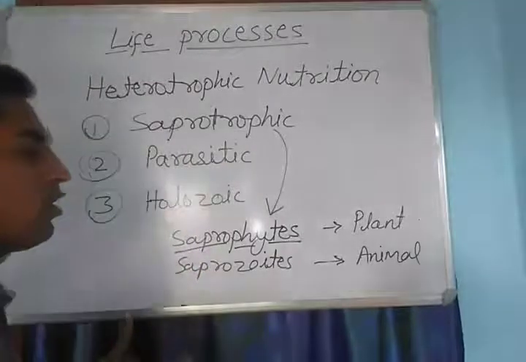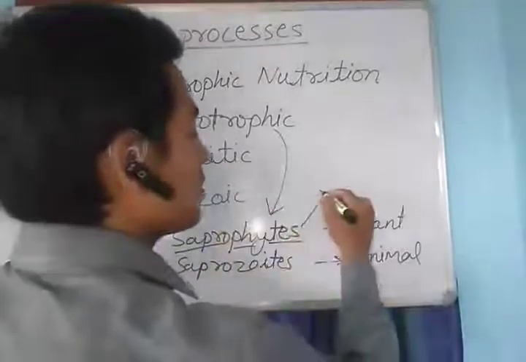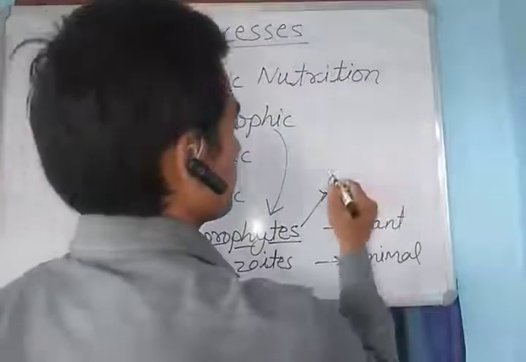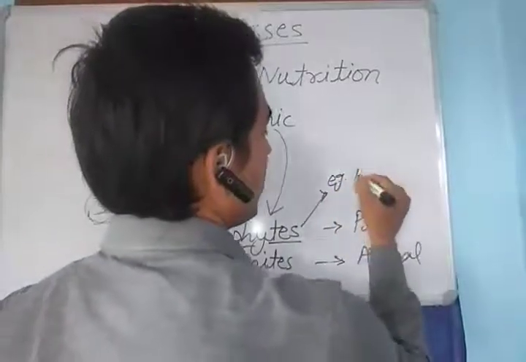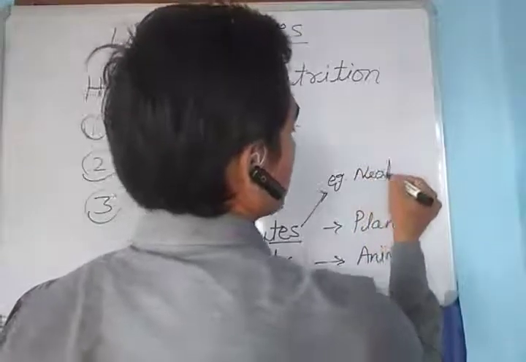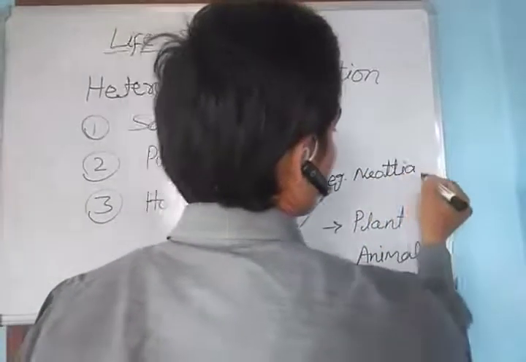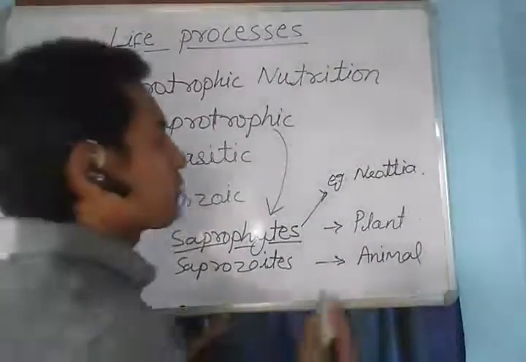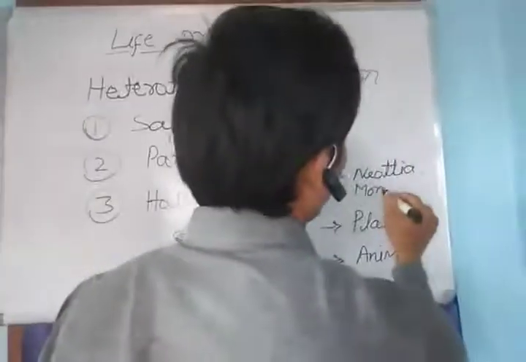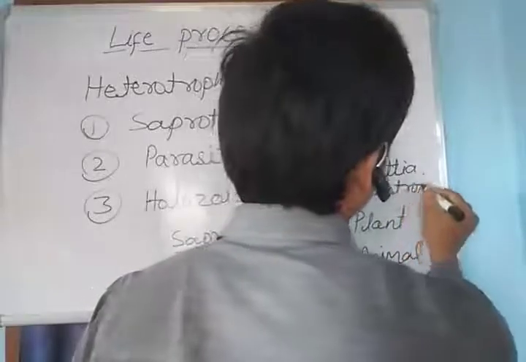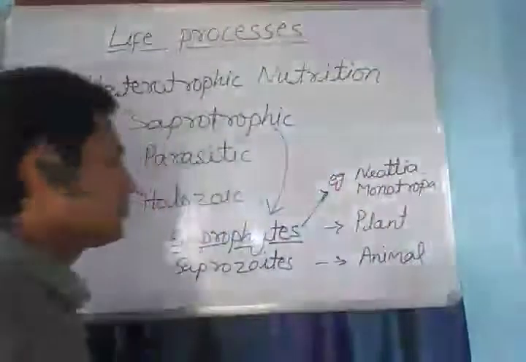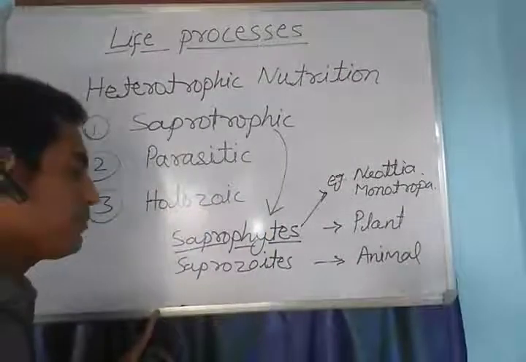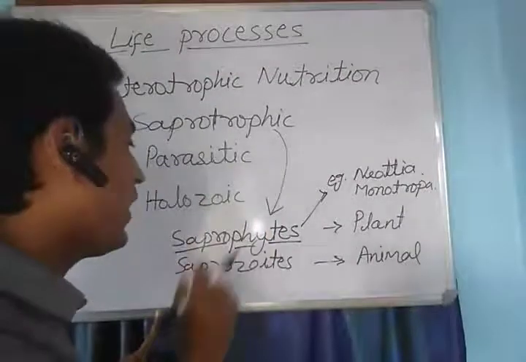Examples of this are Neotia and Monotropa. These plants represent this mode of nutrition. The next one is saprozoites.